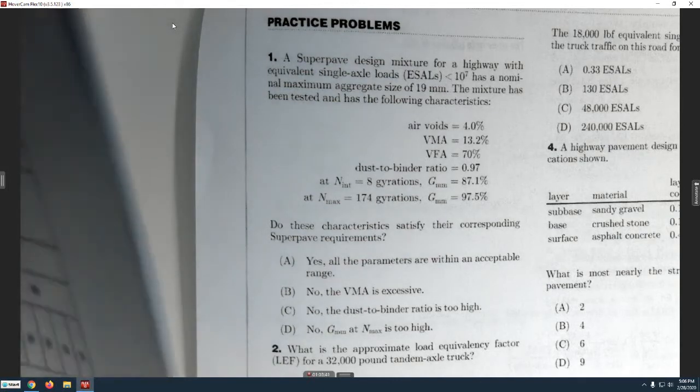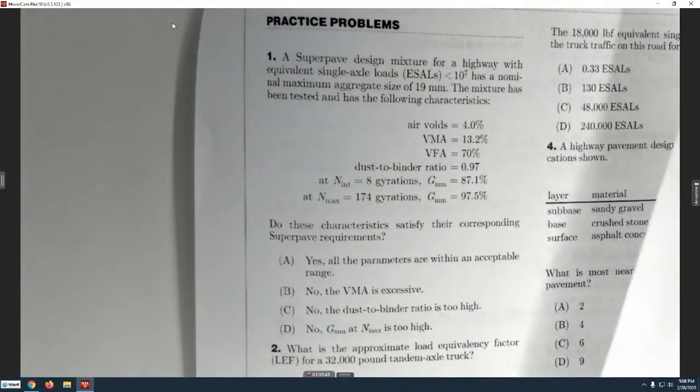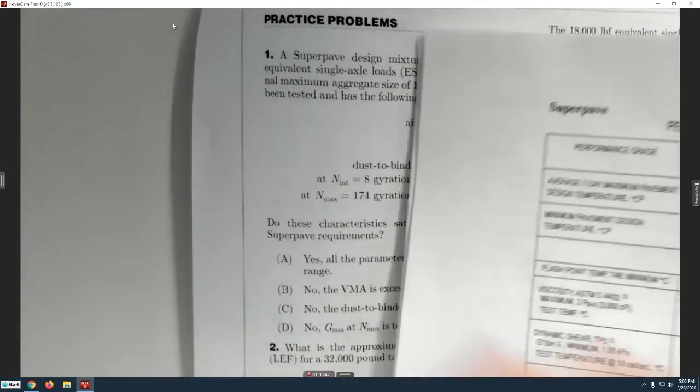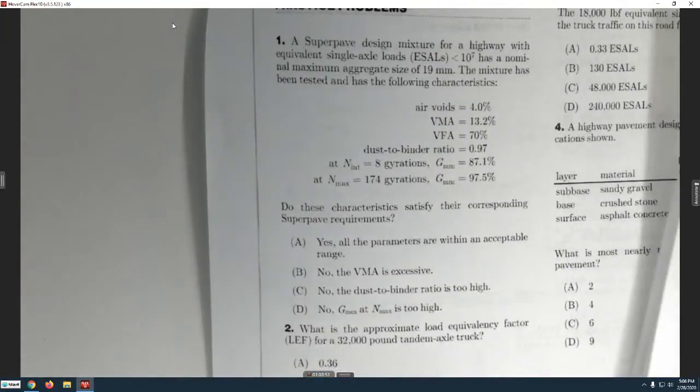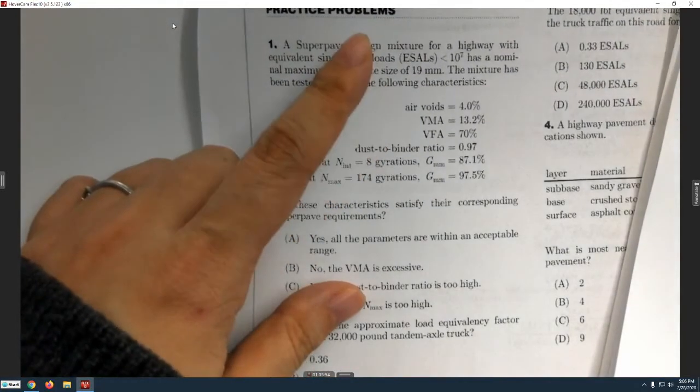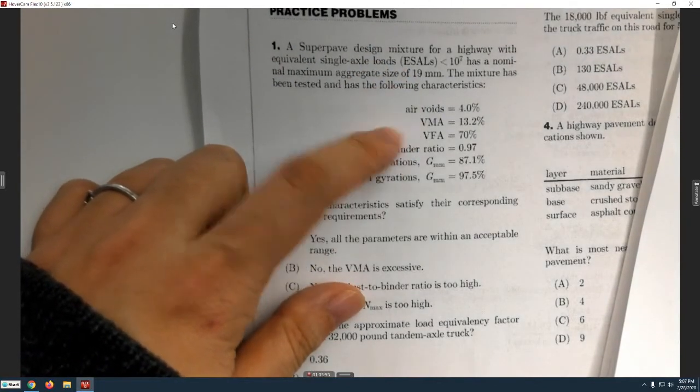Okay. So the first one, Superpave. So everything here. Okay. Superpave design gives you all the numbers for air voids, everything.